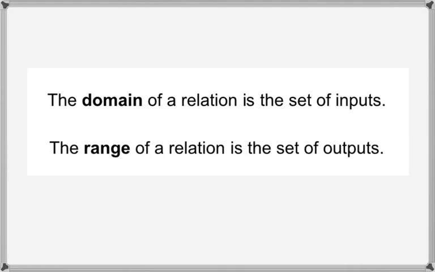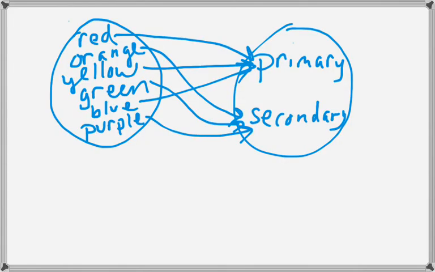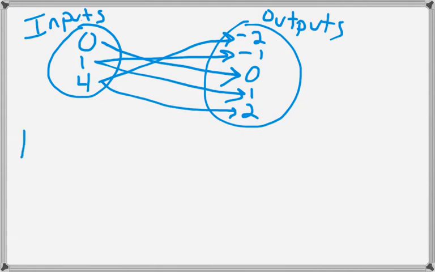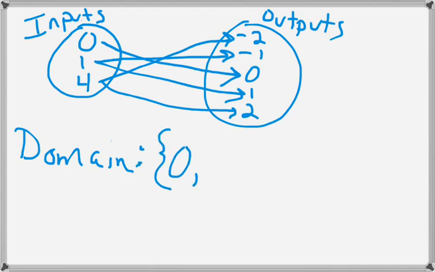The set of inputs for a relation is called the domain, and the set of outputs for a relation is called the range. So in our first example here, the domain is the set containing our inputs. So our inputs were 0, 1, and 4.